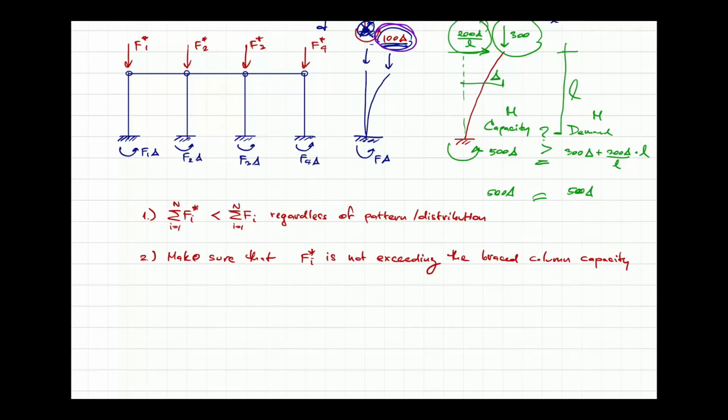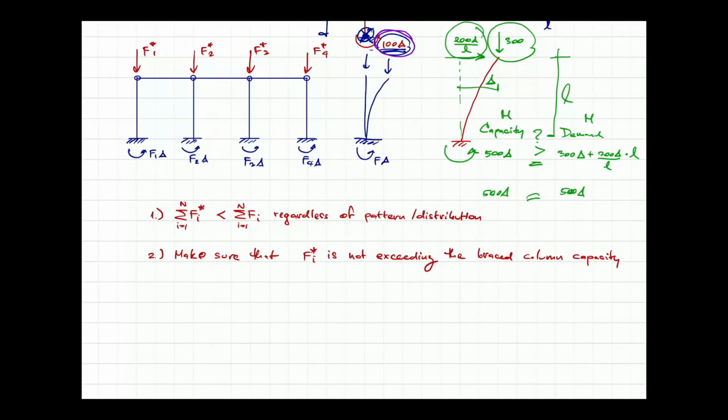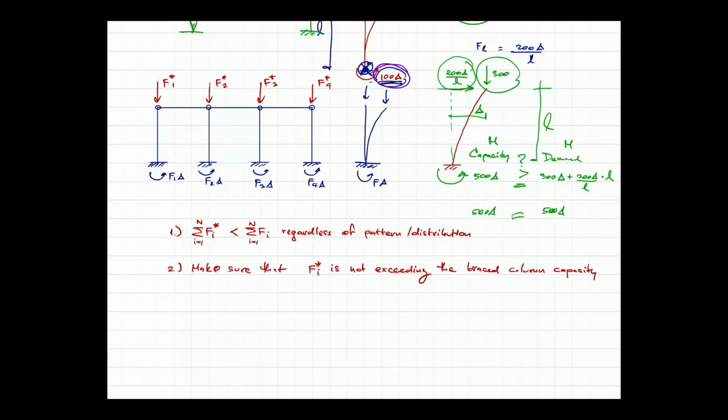So individual capacity, you just do not overstrain. That will be all. Two rules, two requirements.